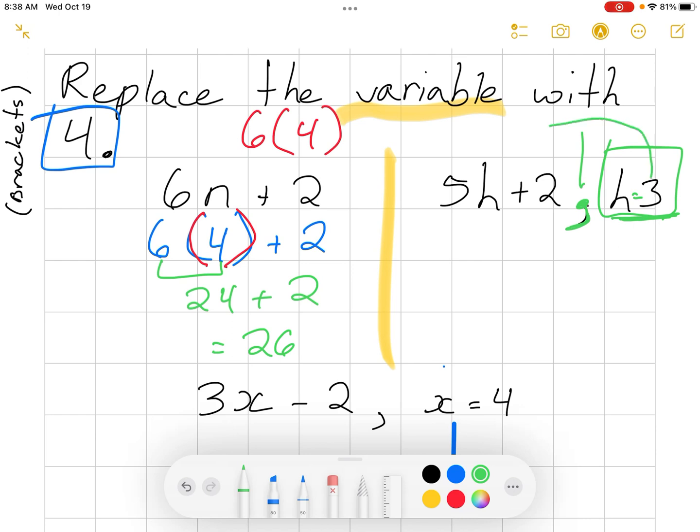So what that means is I take the 3 and I substitute it in. So I'm going to go 5 times 3 with the brackets plus 2. I want you to get used to seeing those brackets because they're used all the time. And now I can just solve. So 5 times 3 is 15 plus 2 is equal to 17.